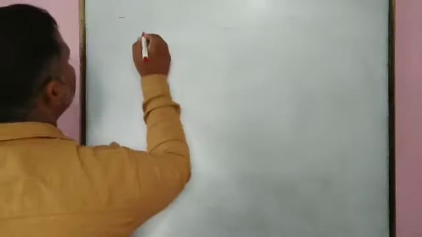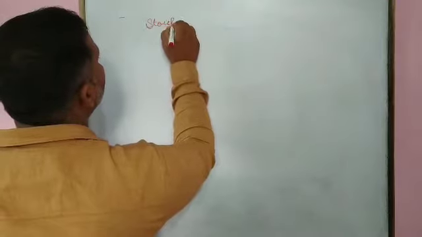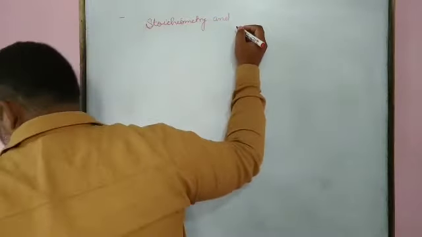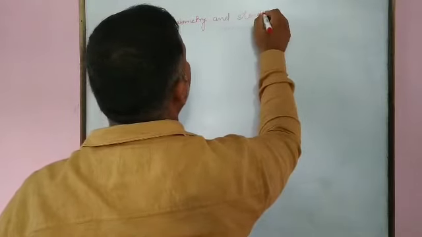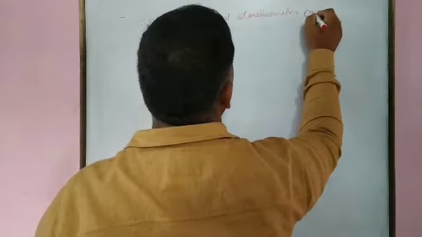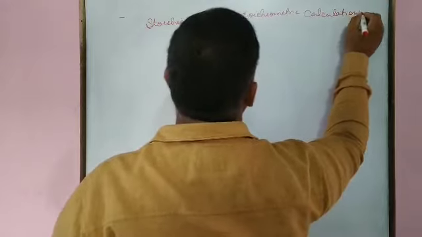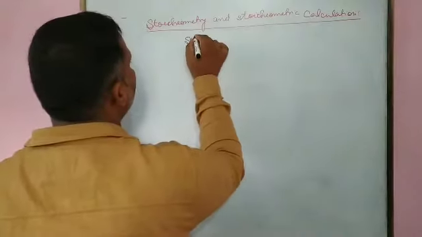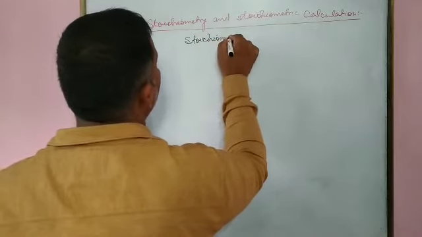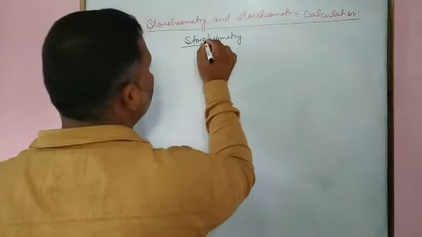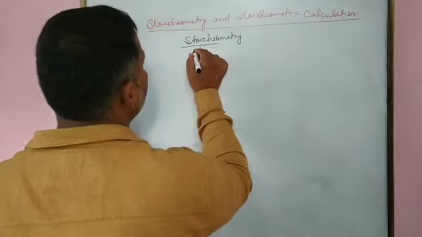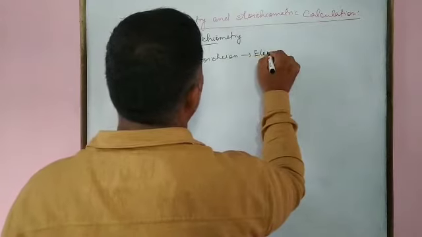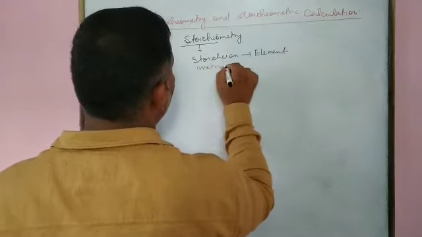We will discuss stoichiometry and stoichiometric calculation. As the name indicates, stoichiometry has a Greek origin: stoichion means element, and metry means measured amount.